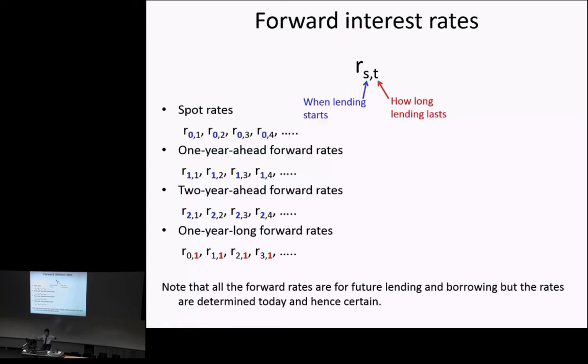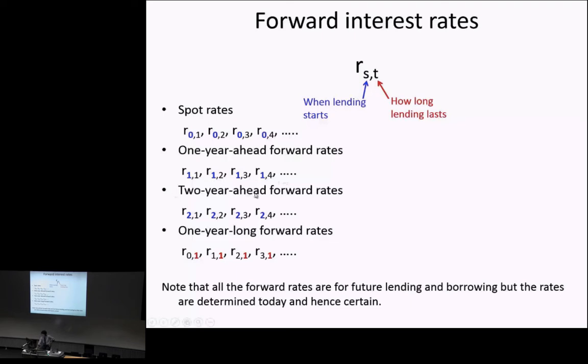We studied that in week 3. For 1 year ahead forward rates, the first subscript is equal to 1 because the lending for these interest rates will start 1 year from today. Again, depending on how long the lending will last, the second subscript can be any number.